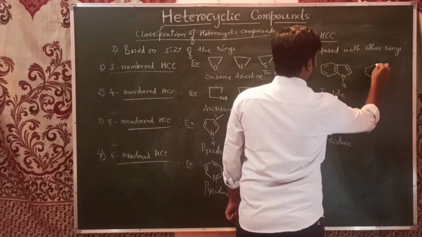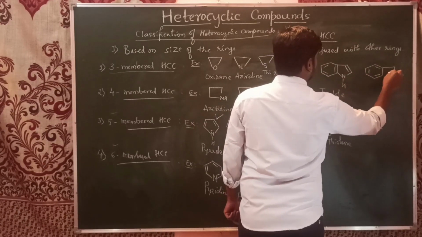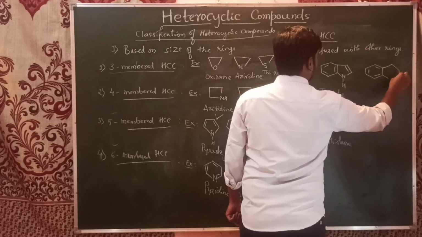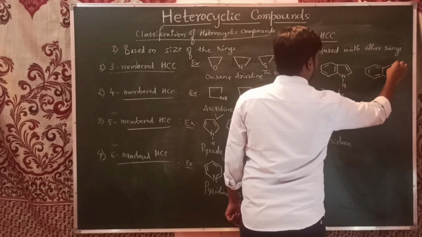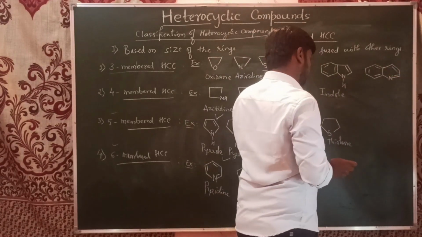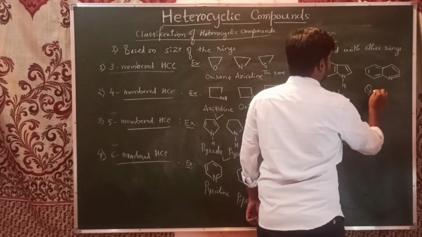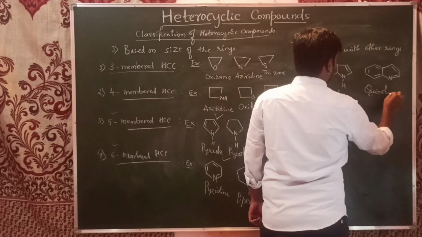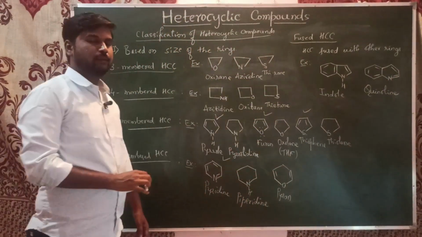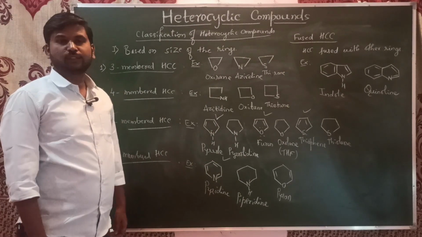And here benzene, to which this six-membered pyridine has been fused, this one is known as quinoline. So this is a special class of heterocyclic compounds that has been asked many times: what are fused or condensed heterocyclic compounds?